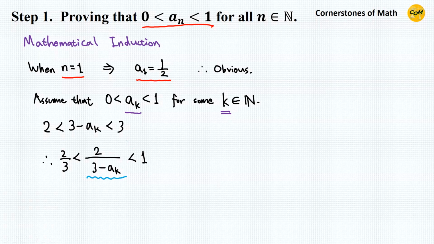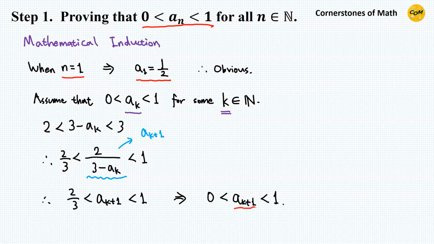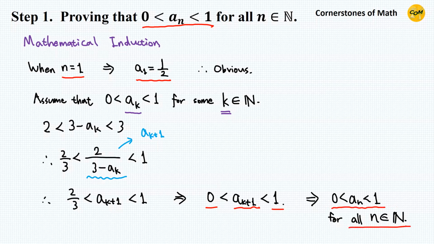And since this is a_{k+1} by the recurrence relation, we have a_{k+1} is greater than 2 over 3 and less than 1. Hence, the inequality a_{k+1} being greater than 0 and less than 1 also holds. Therefore, by mathematical induction, a_n is greater than 0 and less than 1 for all natural numbers n.